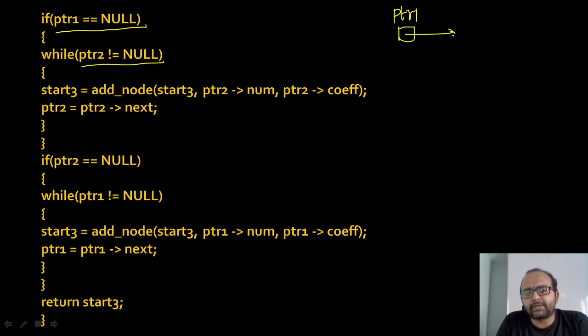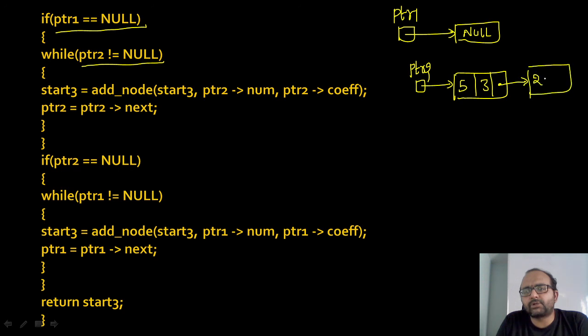ptr1 is a pointer which is already pointing to null, and consider ptr2 is not actually pointing to null, it is pointing to a node. For example, 5, 3, and like this. This is a 2, 1, and this is null. Okay. So start3 is equal to add node. Using add node function, we are adding this particular node where ptr2 arrow num and ptr2 arrow coefficient.